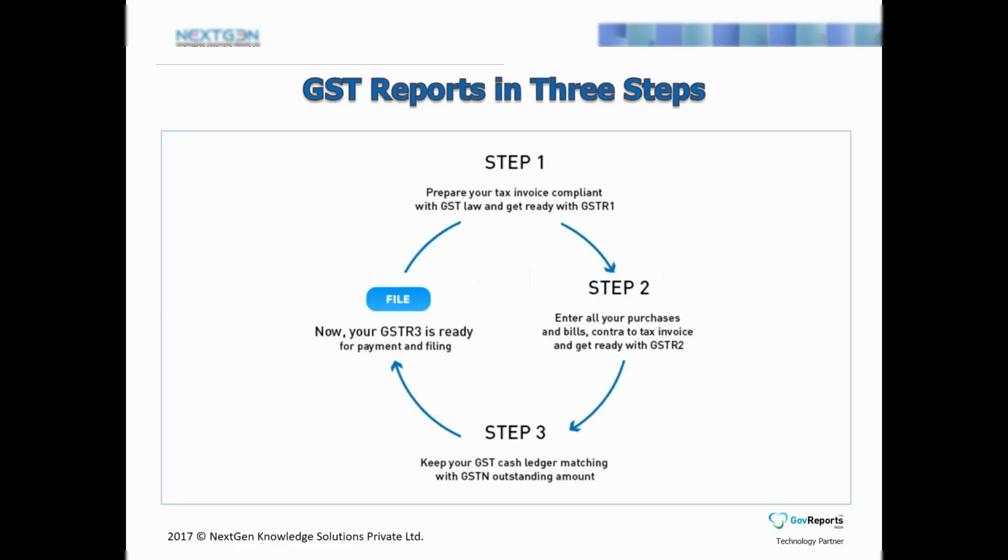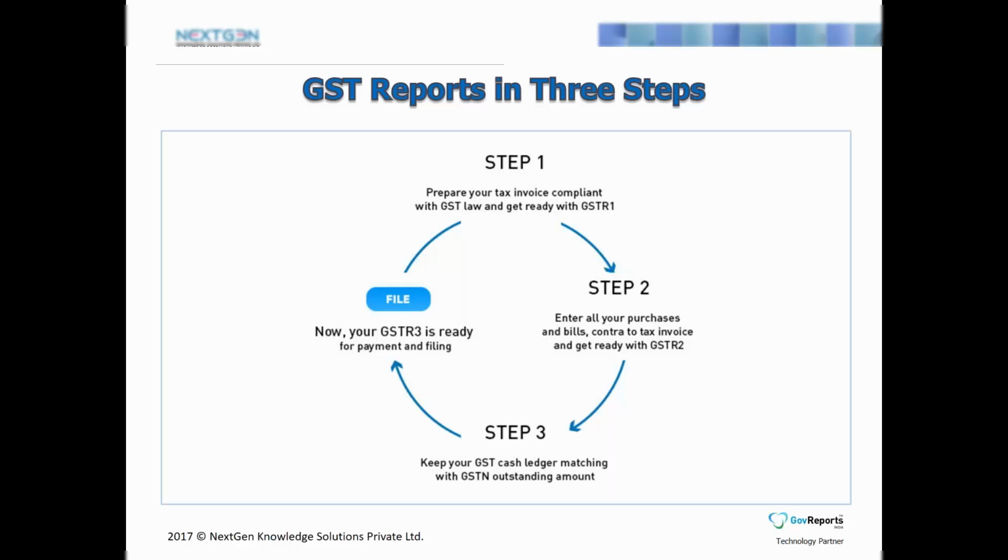Now let us discuss GSTN returns, how these returns can be filed following three simple steps. The first step is that you prepare your sales invoice which is tax compliant, which has all the information required under GST rules, and you get ready with your GSTR 1 which is the data of your sales invoices.